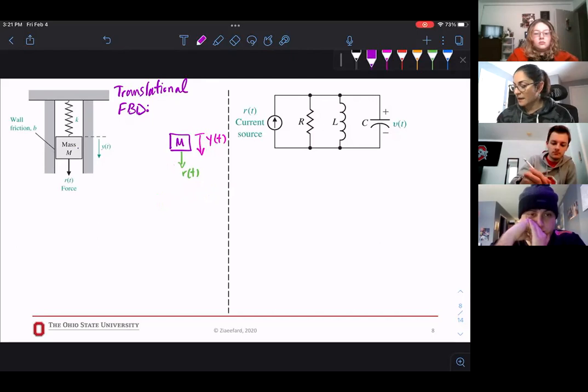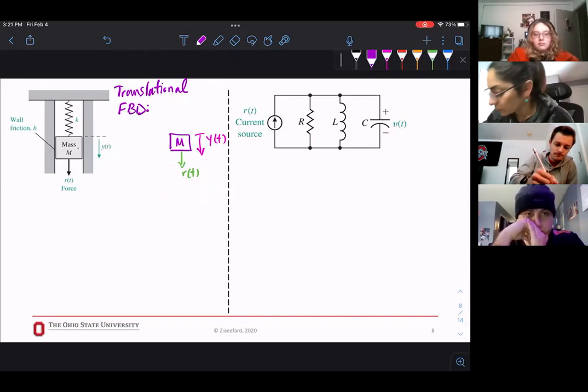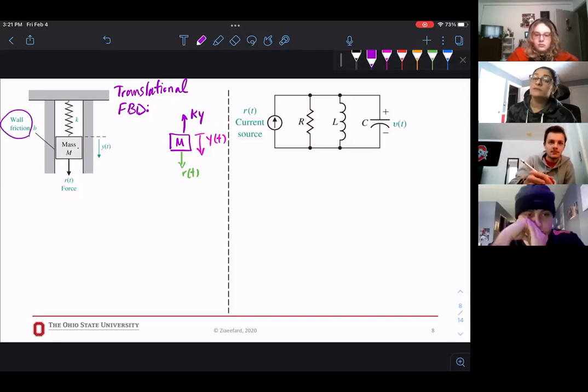All right, now the force is pointing down, the direction of y is going down, so this just means that the system is supposed to be going down. Now ky here wants to resist up, and you see that there is a wall friction. We will model this as a dashpot, like it's a friction.